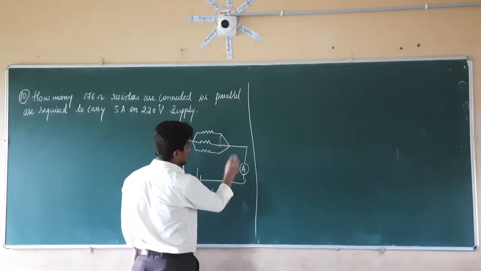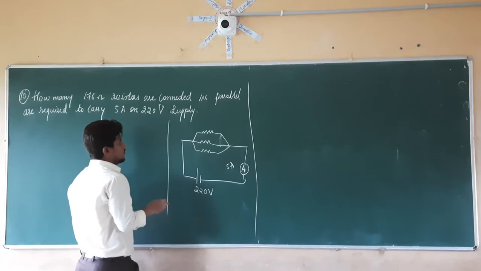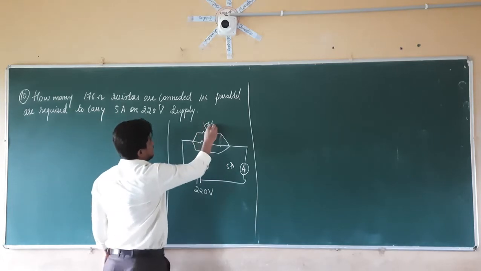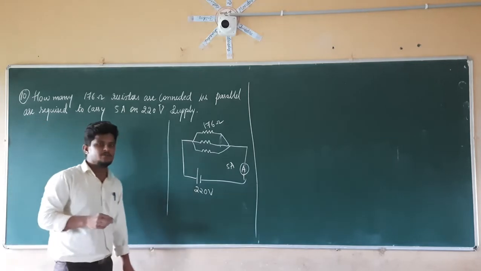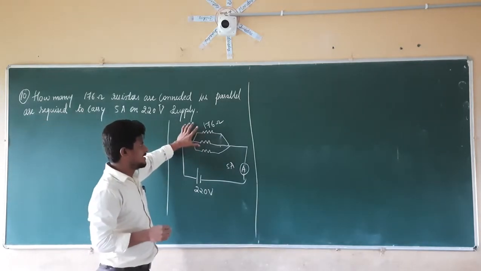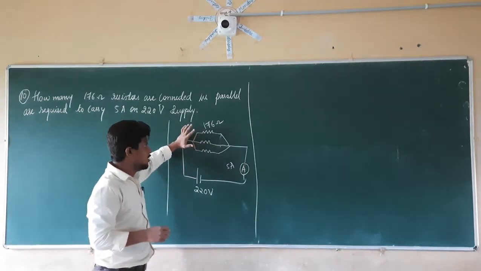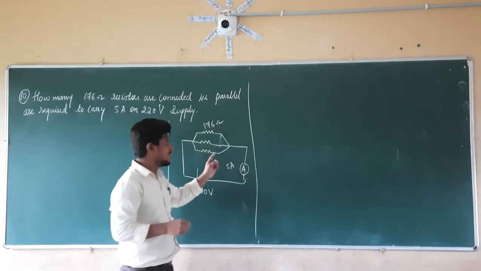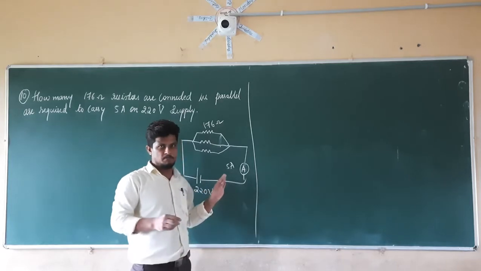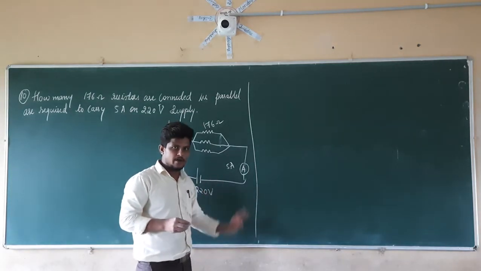It is equal to 5 amperes, and each resistor has a resistance of 176 ohms. So what we have to do here is calculate the number of resistors which are connected in parallel, so that after supplying 220 volts, the total current flowing in the circuit is equal to 5 amperes.